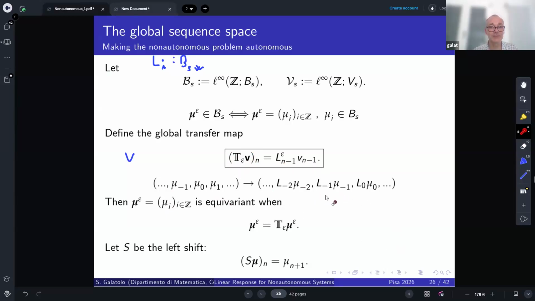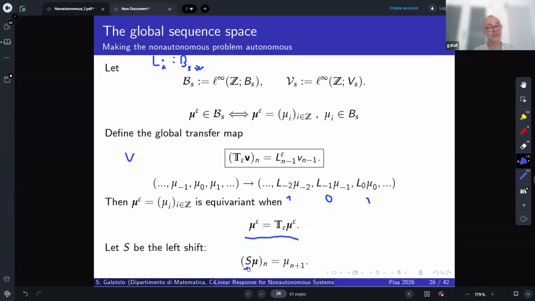So this is the new time zero, this is the new time one, and so on and so on. You have a new sequence. So you can define a new global transfer operator, and an equivariant family will be a fixed point of this global transfer operator.